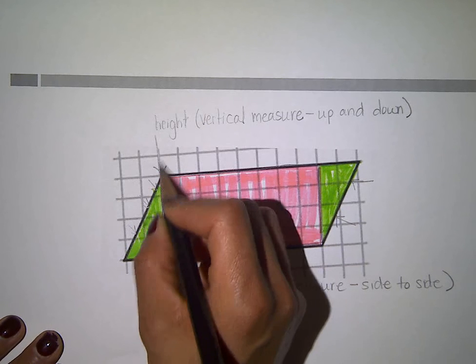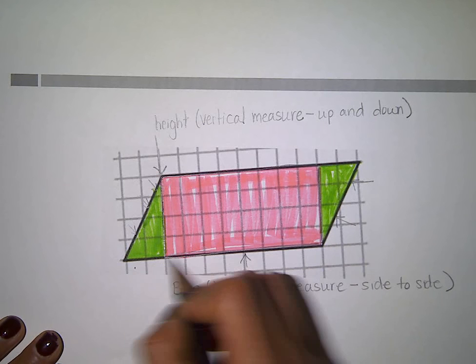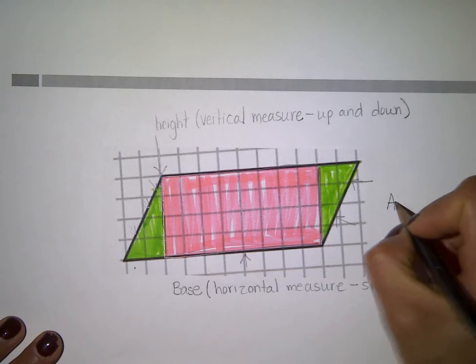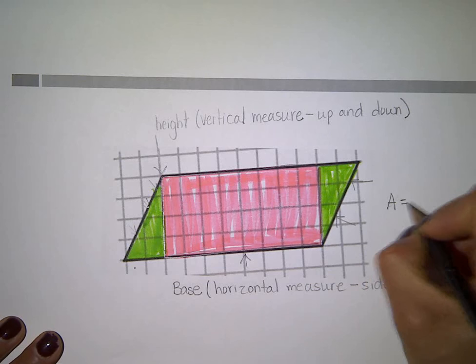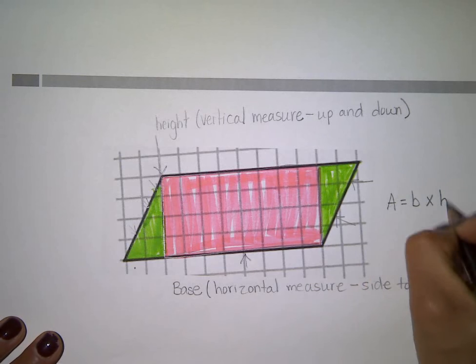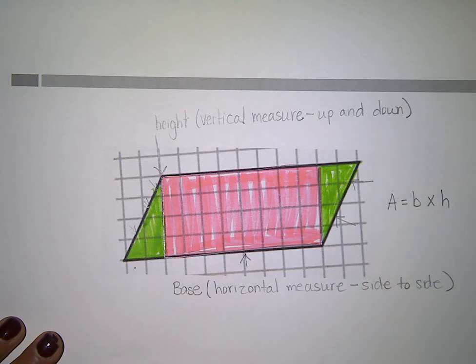So I will multiply my height and my base. So area for a parallelogram is area equals base times height. And that's how you measure the area of a parallelogram.